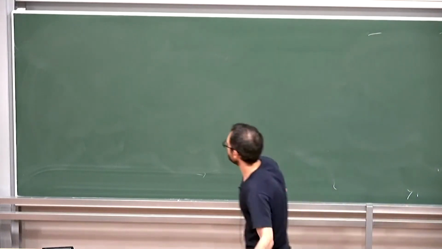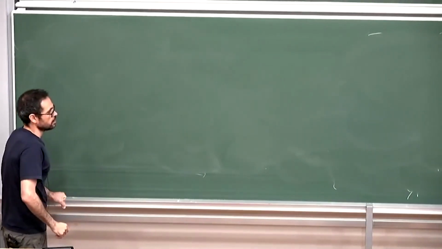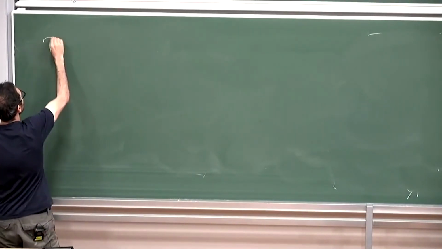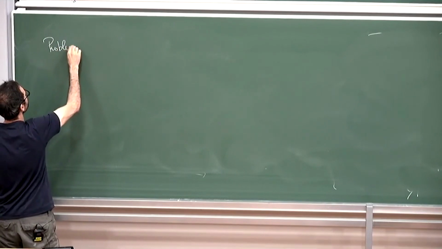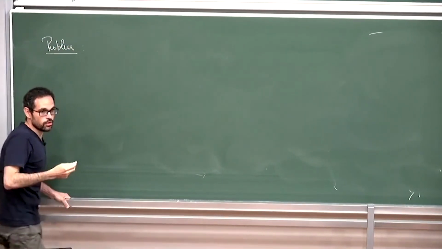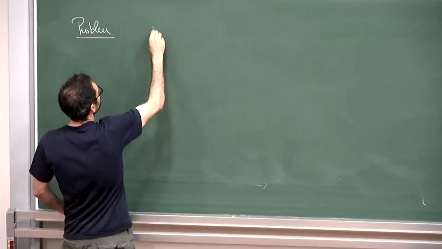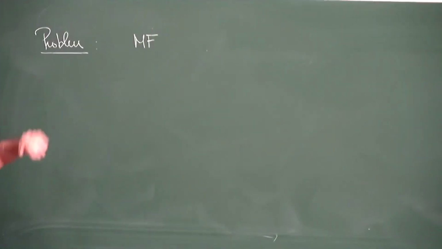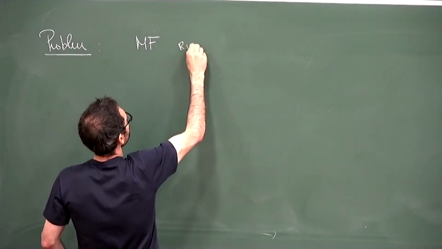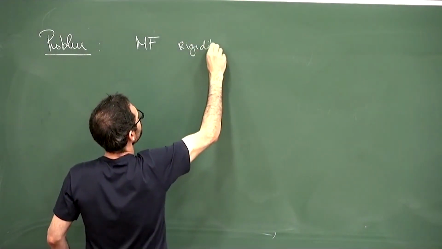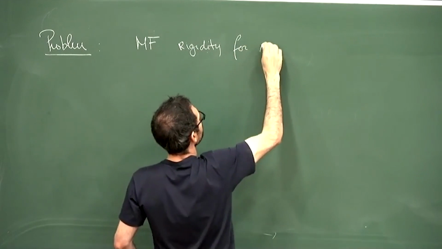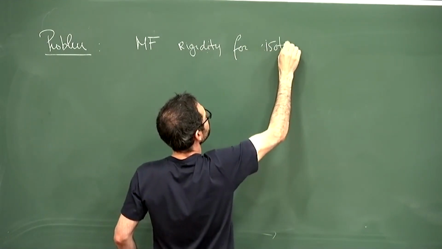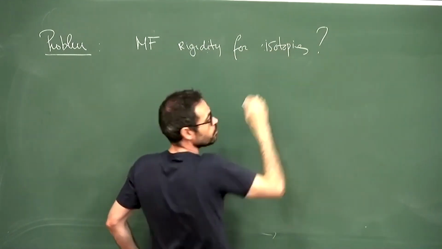So let me just finish with the description of what's going on for MF. So far, the problem about MF is that we don't know if the category has this sort of rigidity for morphisms. We don't know this.